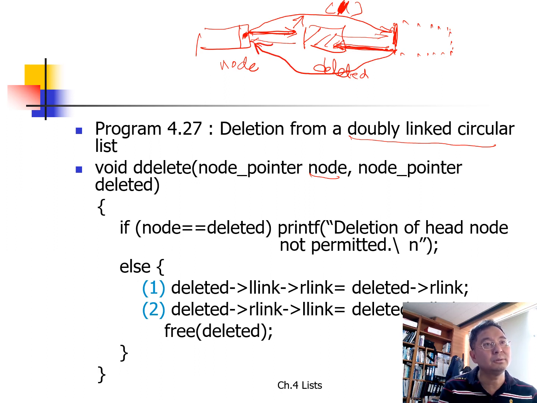So how can you do it? Deleted R-link, L-link, yes, this one, becomes deleted L-link, this one, yes, so this one is 2. So this is deleted and this is deleted.